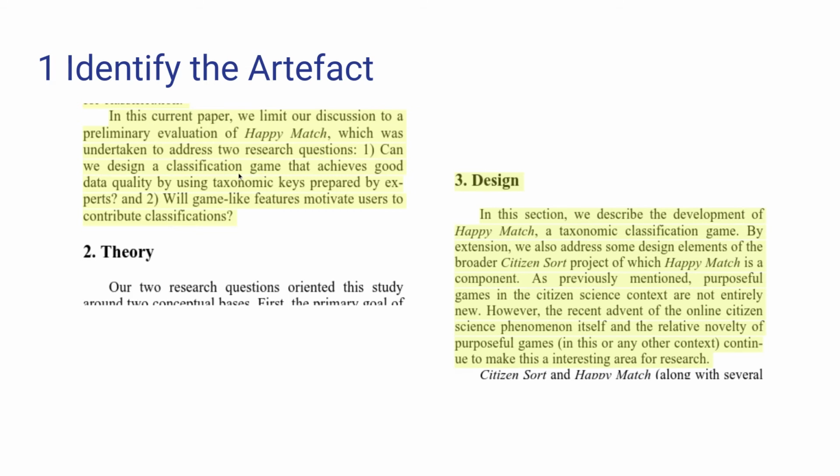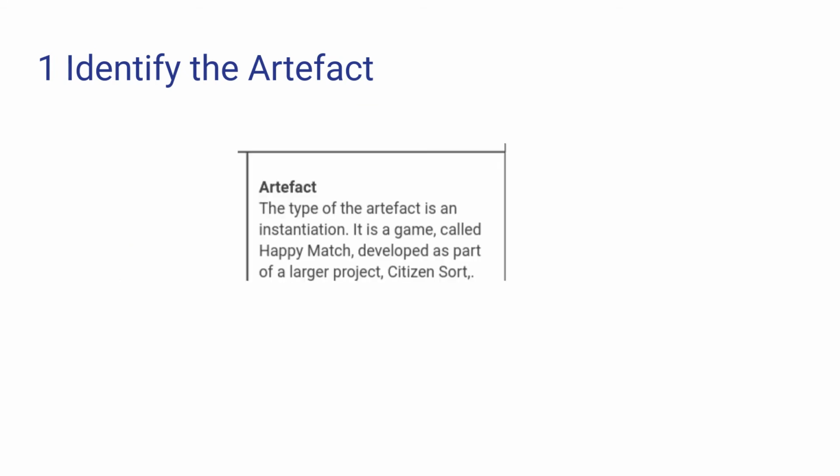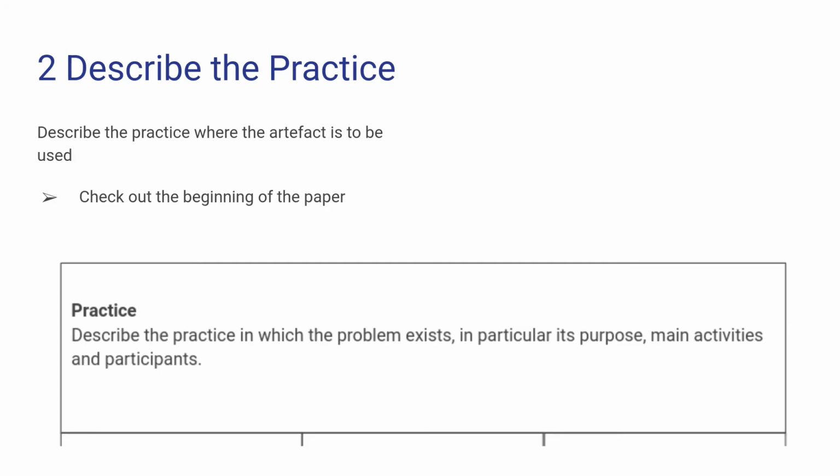And they're talking about this one, and they're talking about game-like features. So clearly it is a game that it's all about. So we can easily fill in the beginning of this artifact box in the design science canvas, the type of the artifact, an instantiation, and it's a game, it's called Happy Match, and it's part of some bigger project.